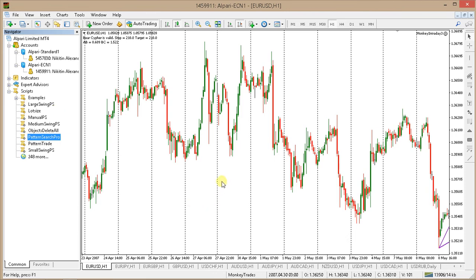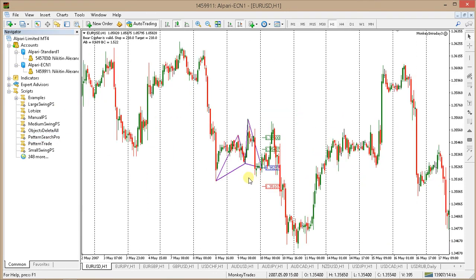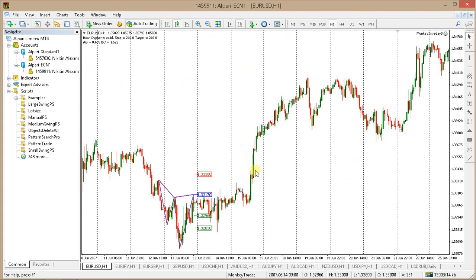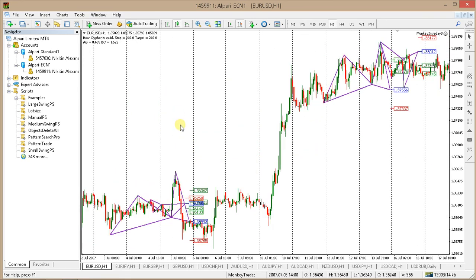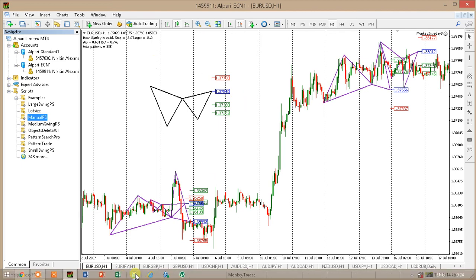Okay, so how many patterns do we have? Let's calculate the patterns we have. One, two, three, and we have the patterns calculated. 385 during 10 years. 10 years means 120 months.